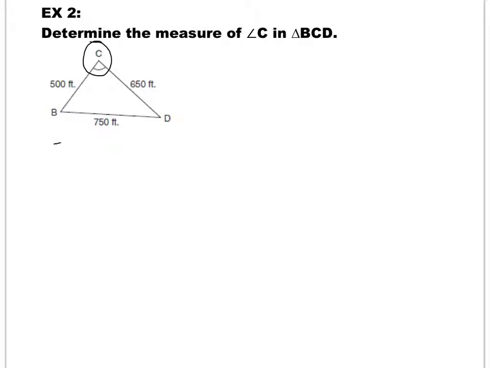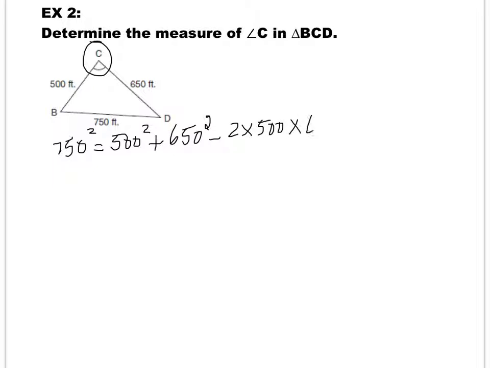So I'm going to say 750 squared is 500 squared plus 650 squared minus 2 times 500 times 650 times cos of the angle between them, which is C. Now I'm going to bring this product to the left and change the sign, and this one to the right and change the sign.